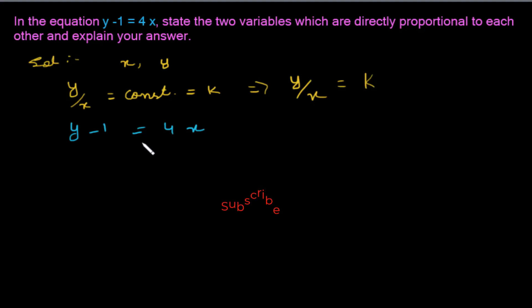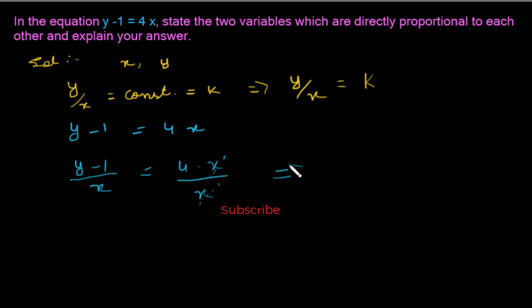To do so, I will divide both sides of this equation by x, to isolate this constant, that is 4, on the right side of the equation. Now x will be cancelled and this implies that y minus 1 divided by x is equal to 4.